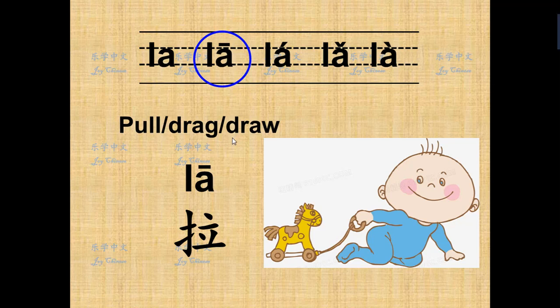If you remember in the previous video, I introduced another verb that also means pull in Chinese, ba. That ba means you pull something out of soil or out of wood, out of something. But the la means you are just pulling or dragging on the surface somewhere. So they are different in Chinese. Here we pronounce it as la.